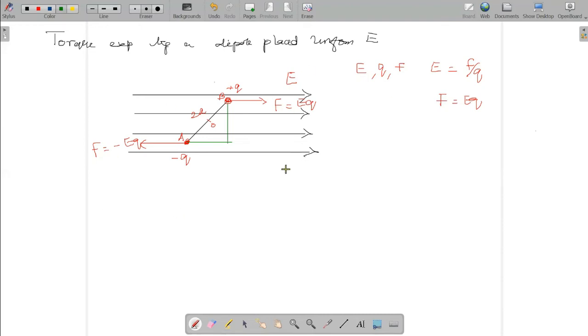That's all. Let us consider uniform electric field in which a dipole is placed at an angle theta. Let us take this as angle theta. Each charge experiences a force. The forces are equal and opposite, separated by a distance, and constitute a couple. The couple is measured in terms of torque.